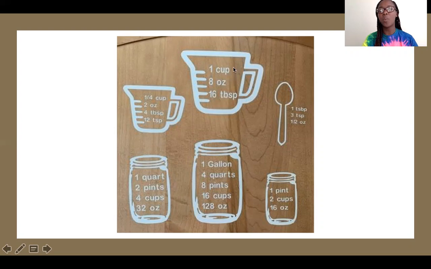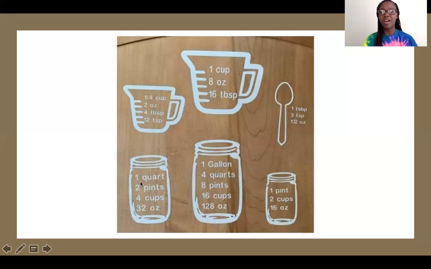So this is 1 cup. This is 1/4 of a cup, so that means it is smaller than 1 cup. And that is 2 ounces or 4 tablespoons or 12 teaspoons.